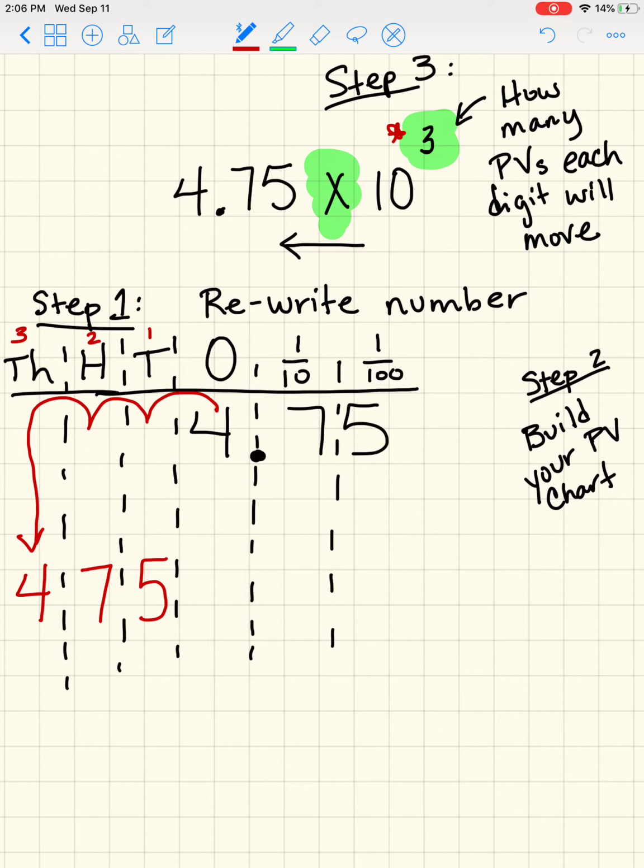Now, here's where our decimal lives. Our decimal never moves. It always lives between the ones place and the tenths place. But I've got some blanks here.